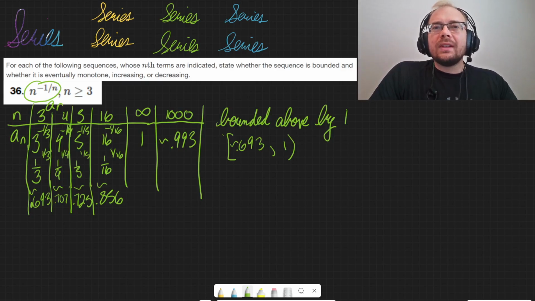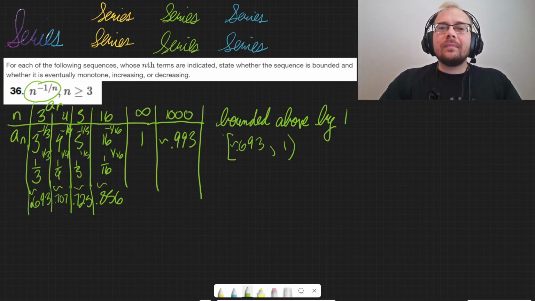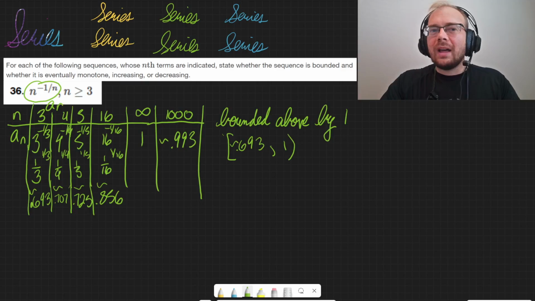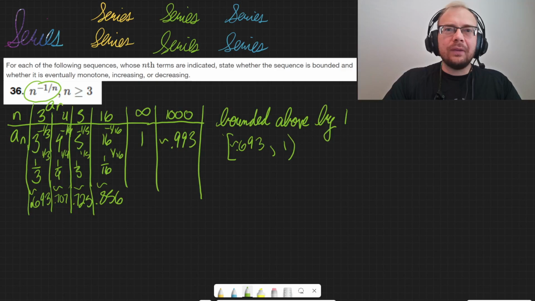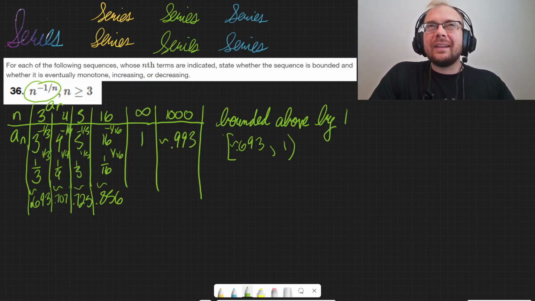Like if you did a googolplex, then it would be really, really close to 1. It'd be like 0.99999, like a million nines. But it wouldn't be 1. It's not 0.9 repeating. It's just a lot of 9s if you went to a really, really large power. So it's not actually going to reach 1, but it'll get infinitely close. It'll approach it as we go to infinity is a better way to say it.